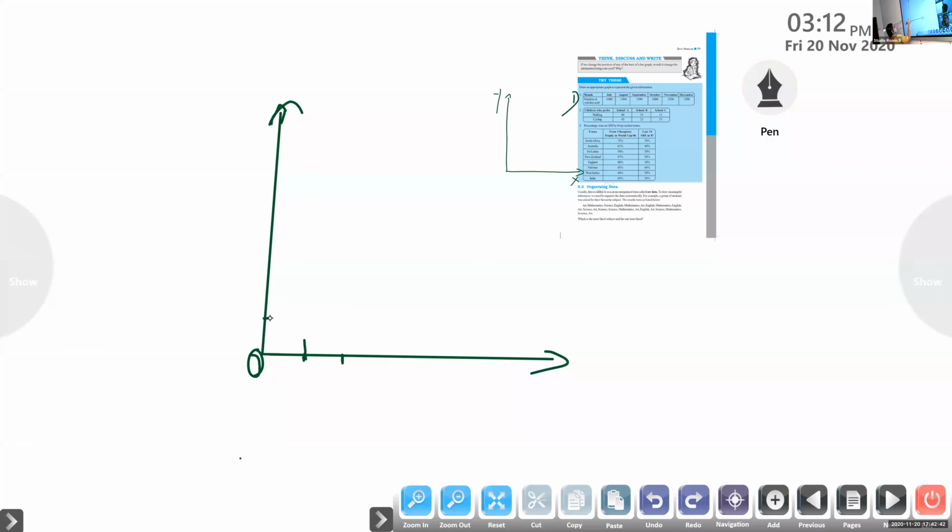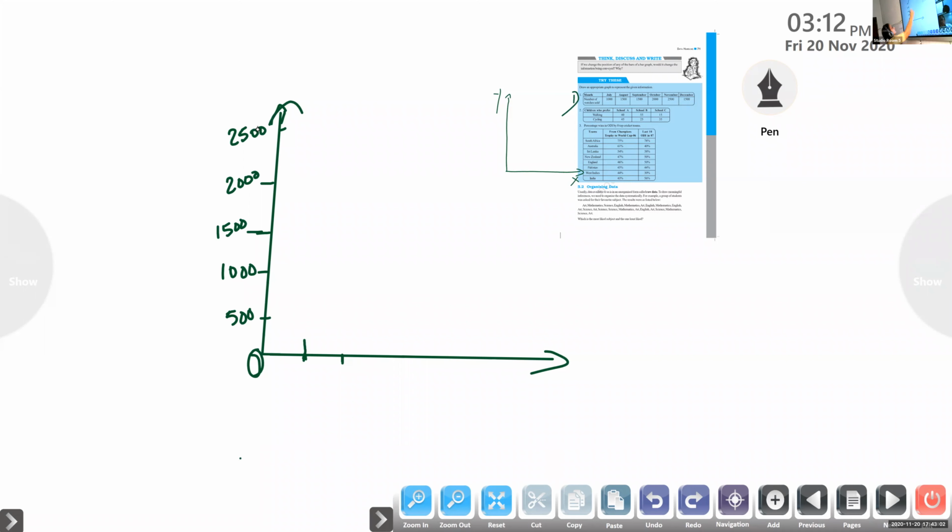So let us take 500, 1000, 1500, 2000. Maximum is 2500 also there. 2500.